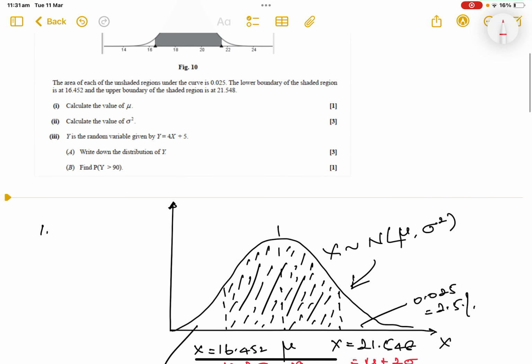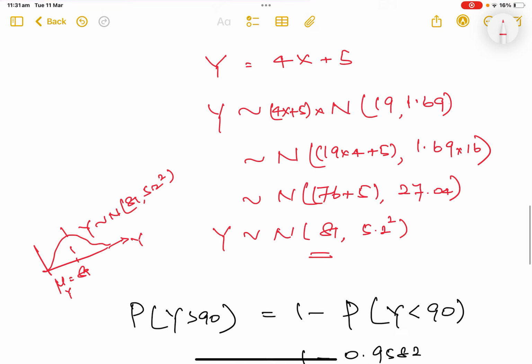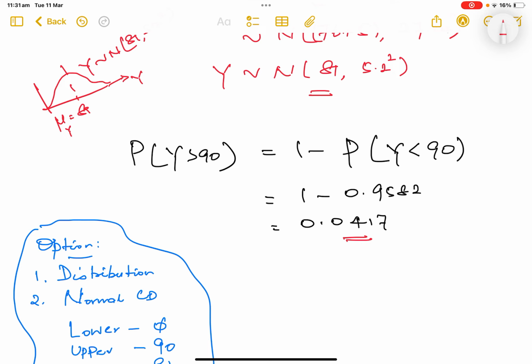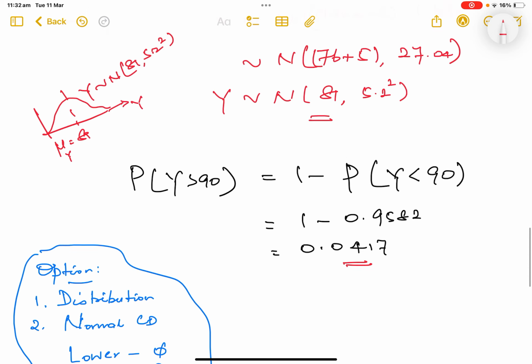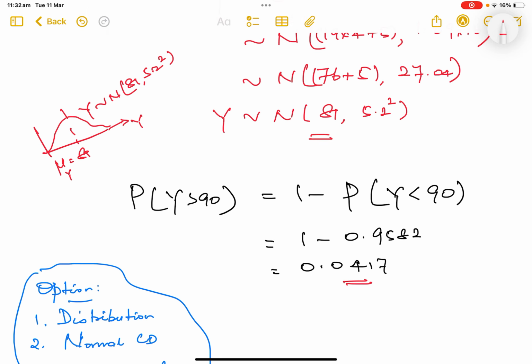Then the question: find the probability of Y greater than 90. When we use the calculator, we can only find the less-than probability, not greater than. Say, for example, here is 90.